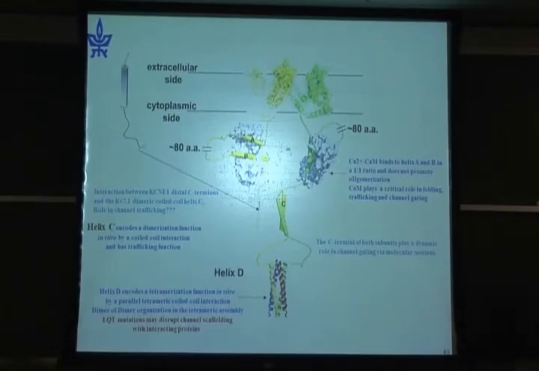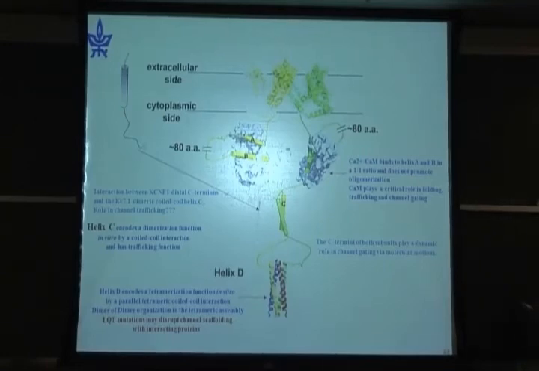So we have the first proximal module, which comprises helix A and B, which bind calmodulin, and the binding of calmodulin is a 1-to-1 ratio, and our biochemical experiments are really clear about that. And they do not promote oligomerization, so this is a 1-to-1 ratio. And we found that calmodulin is very important for folding, trafficking, and also channel gating, because we have this kind of macroscopic inactivation and right shift in the activation curve.